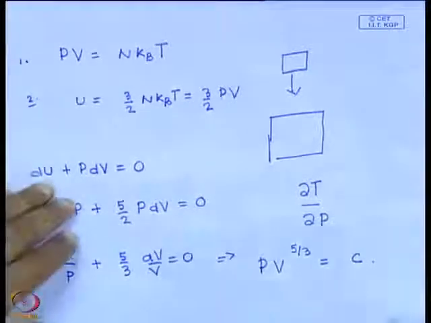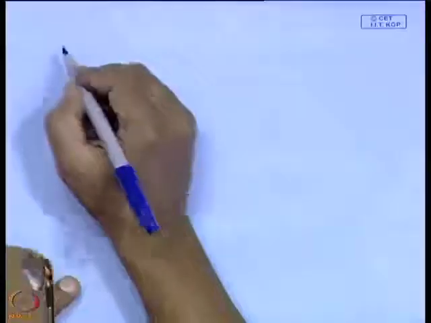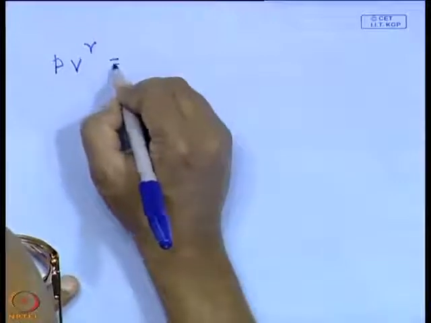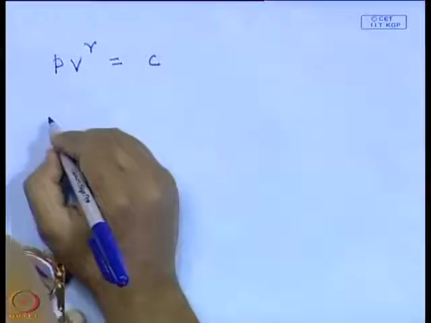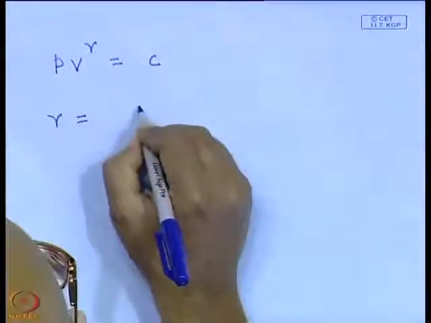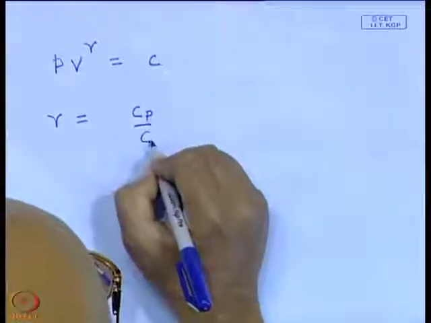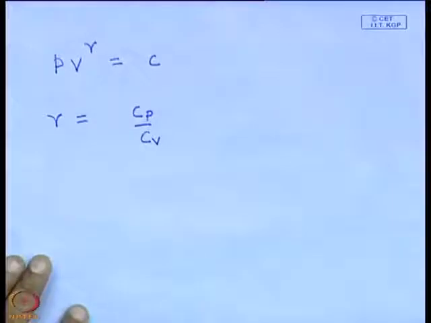In general, PV to the power gamma is a constant, where gamma is the ratio of the specific heat at constant pressure to the specific heat at constant volume.